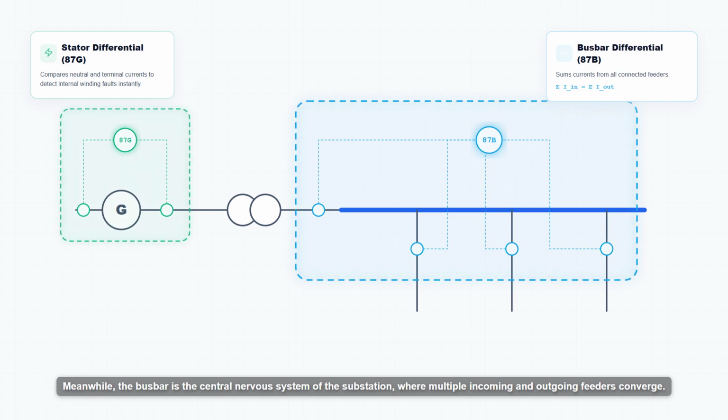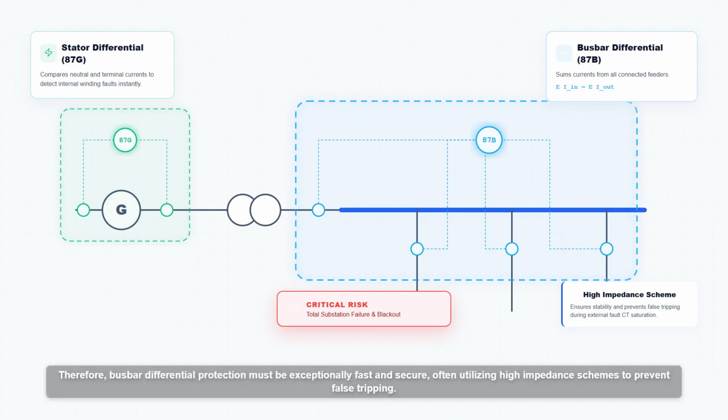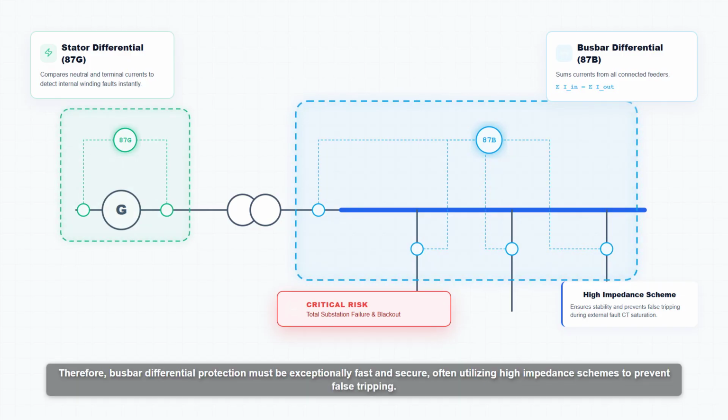Meanwhile, the busbar is the central nervous system of the substation, where multiple incoming and outgoing feeders converge. A busbar fault is the most severe event in a grid, potentially causing total substation failure and widespread blackouts. Therefore, busbar differential protection must be exceptionally fast and secure, often utilizing high impedance schemes to prevent false tripping.